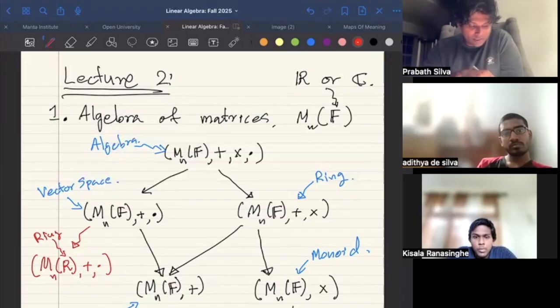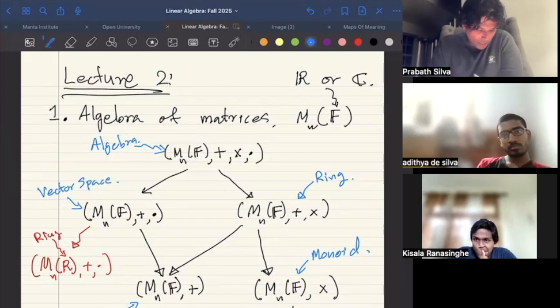And the scalar multiplication would be multiplying by these scalars, but the scalars are coming from a ring. Okay. And if you look at this, this would be an example of what they call an R module. This is going to be an R module.